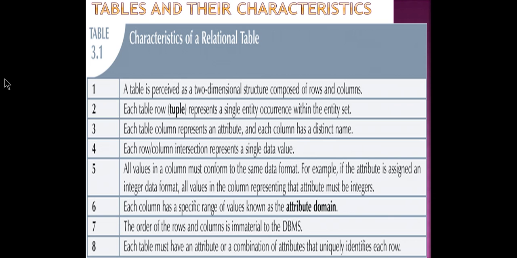Each table must have an attribute or combination of attributes that uniquely identifies each row. A set of attributes of the table or a relation which uniquely identifies each row in the table is known as a primary key. So every table must have a primary key, or some set of attributes which can uniquely identify each tuple in that relation.